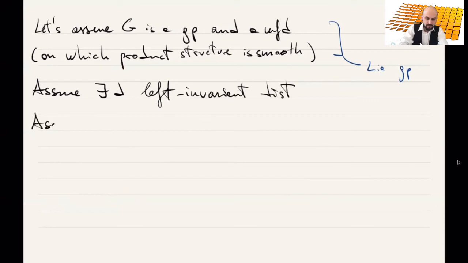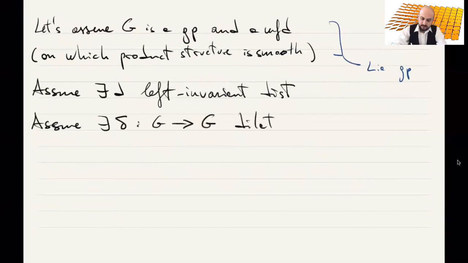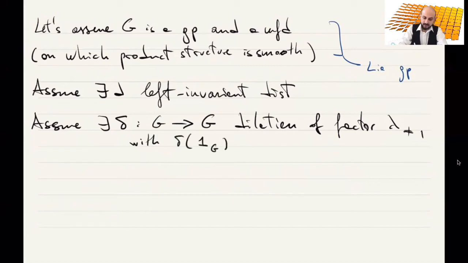And also assume we have a dilation delta from G to G of factor lambda, lambda different than 1. Because of left invariance, we can assume that this delta fixes the identity element of the group.